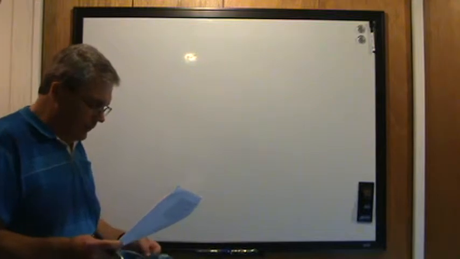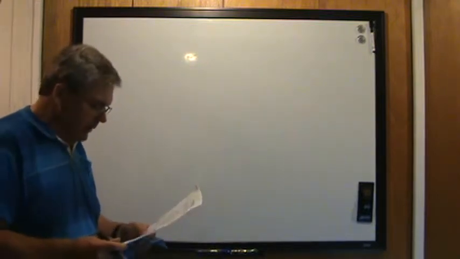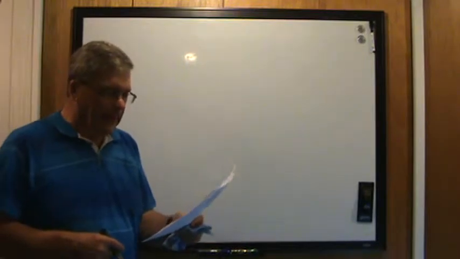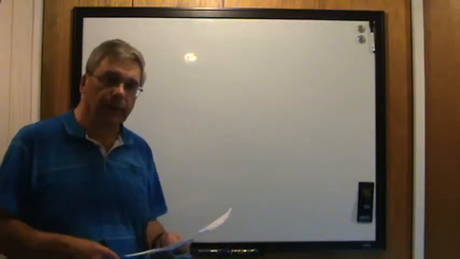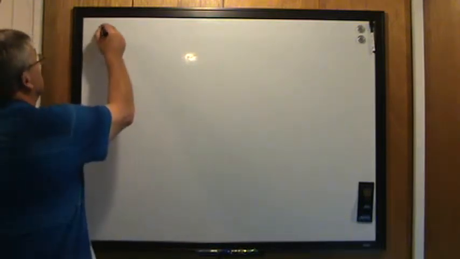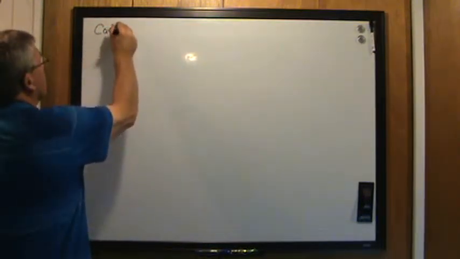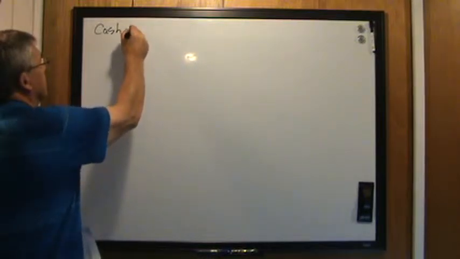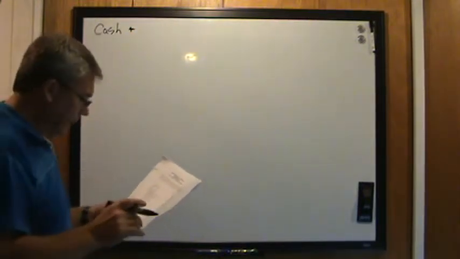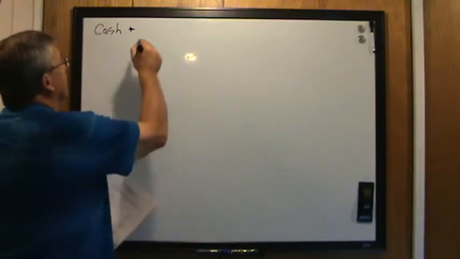So let's get started. The first transaction, A: Co-invested $120,000 in cash and office equipment valued at $10,000 into the business. So we have a cash account. The cash account increases by, if we break this down into each separate transaction, first there's $120,000 in cash.